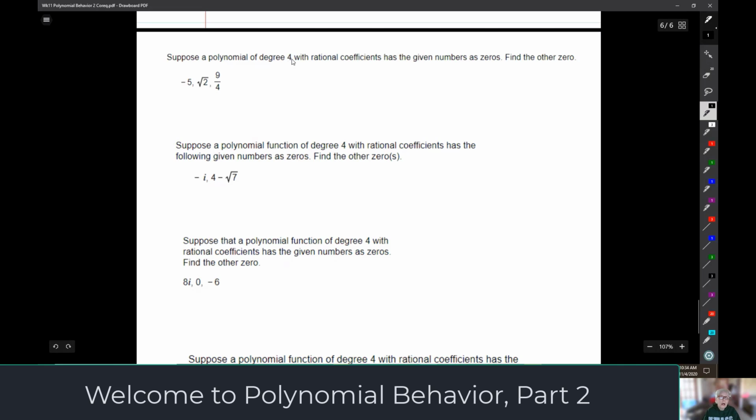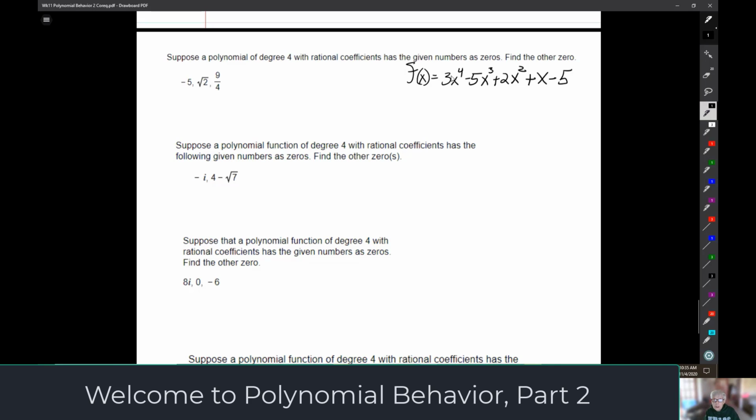Suppose a polynomial of degree 4 with rational coefficients. Those are the coefficients that we would call normal coefficients. An example might be f of x equals 3x to the fourth minus 5x to the third, I'm just making these numbers up, plus 2x squared plus x minus 5.